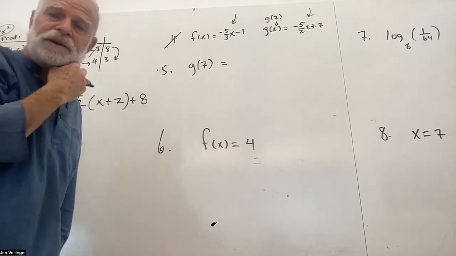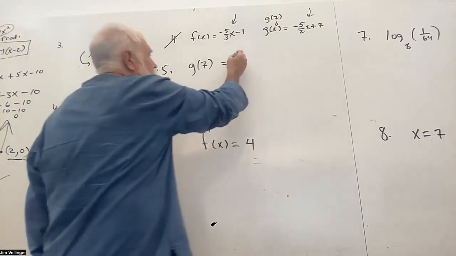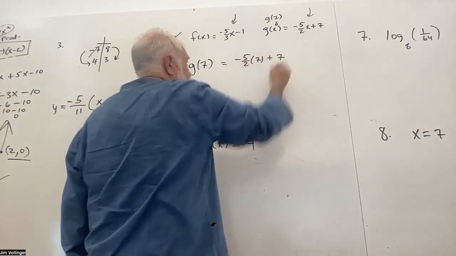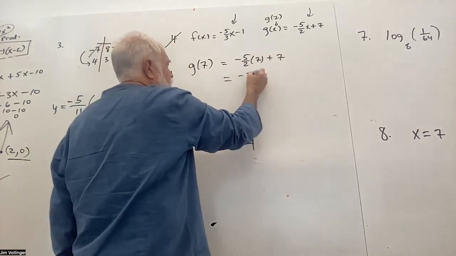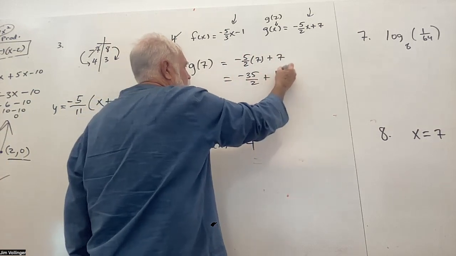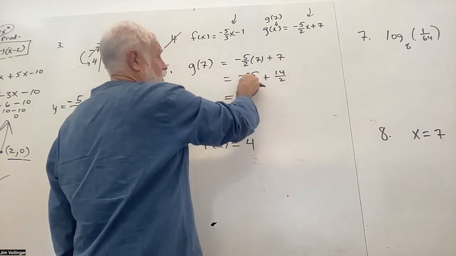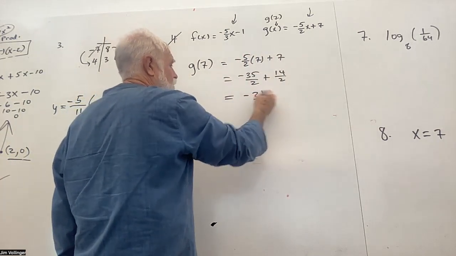And what do we do with x values? We use them. So that's -5/2 times 7 plus 7, which is equal to -35/2 plus 14/2, which is equal to -21/2.